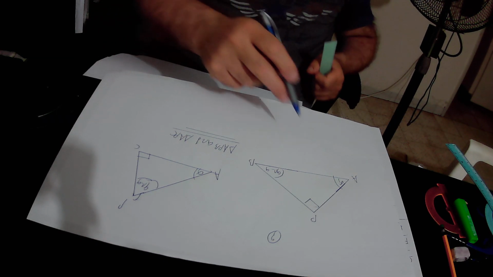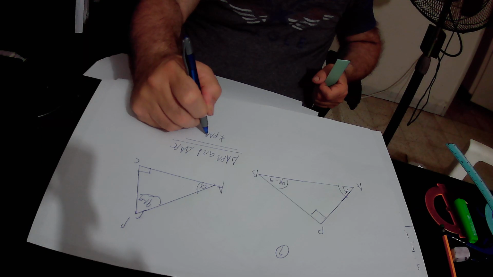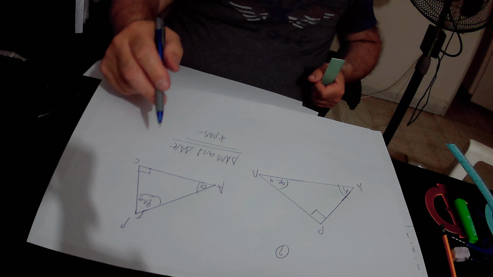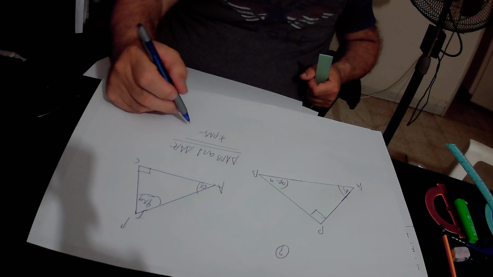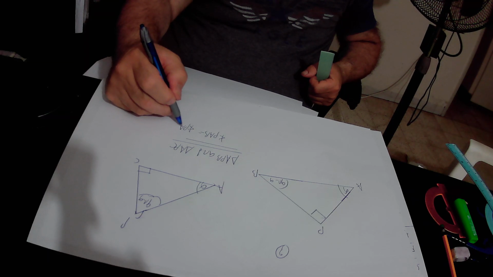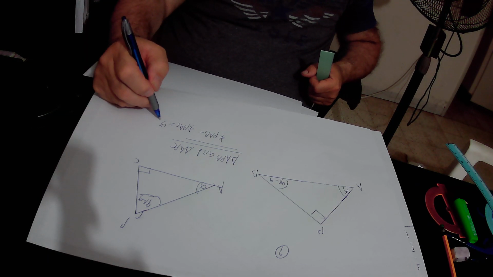So actually, this is angle PAB in the right triangle PAB, and it is equal to this angle, angle PAC, in the right triangle APC. They are both equal to alpha, therefore they are equal to each other.